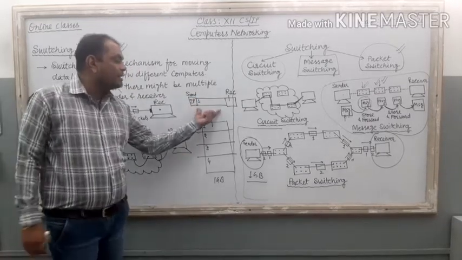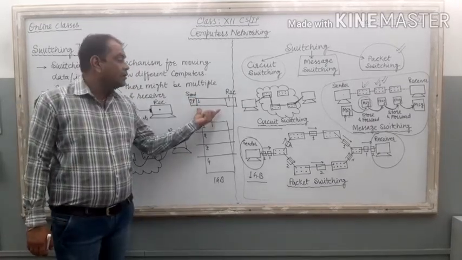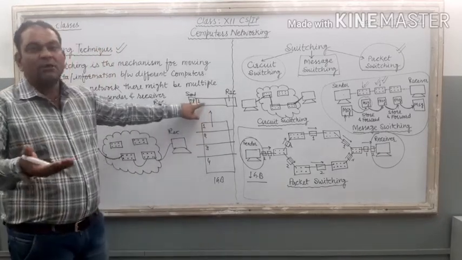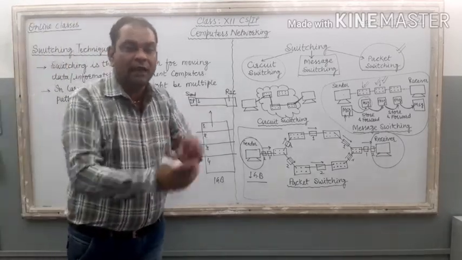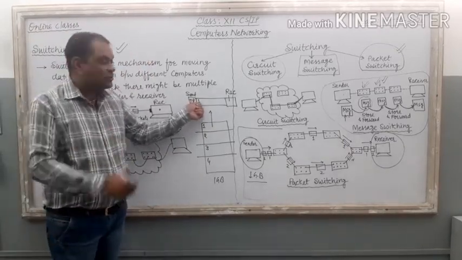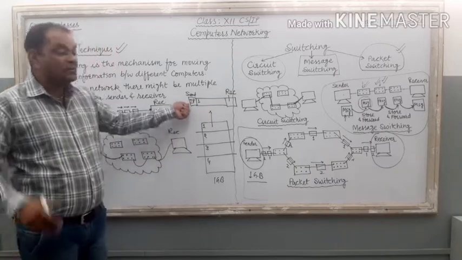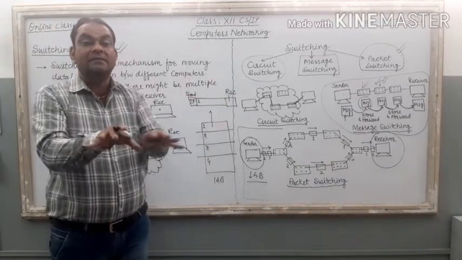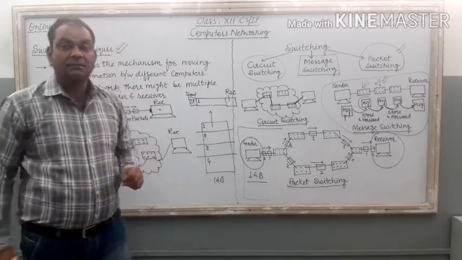So now the packet is converted into this particular diagram. Packet means the message, or we can say the portion of the file, the content of the file. Very first sequence number is attached, then the receiver's and sender's IP address is attached with the packet. Now this packet is ready for transmission.